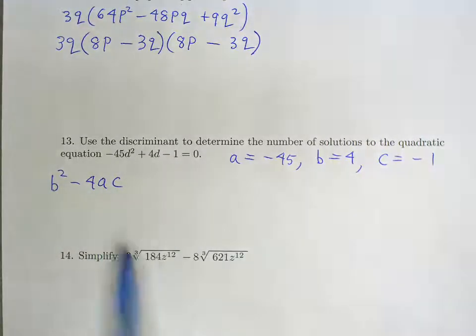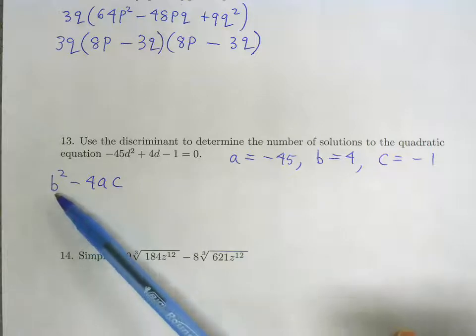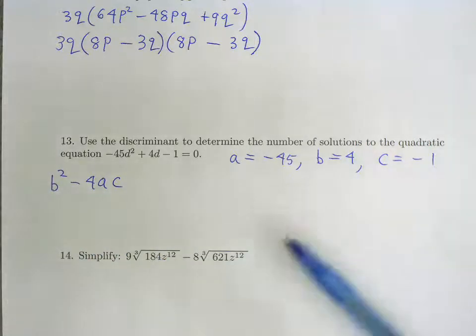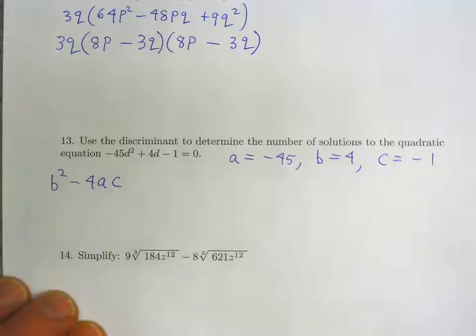When using the quadratic formula, the discriminant is the number that's inside the square root. So we can classify the solutions to any quadratic equation just by knowing what the discriminant is.